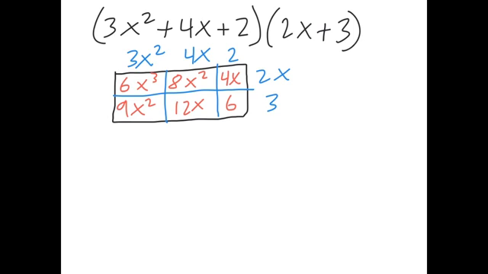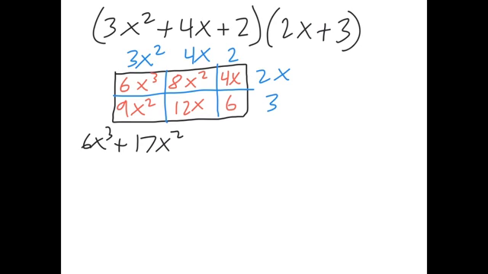So we'll have just 6x cubed, and then we have 8x squared and 9x squared. Those two can add together, and that will give us 17x squared.